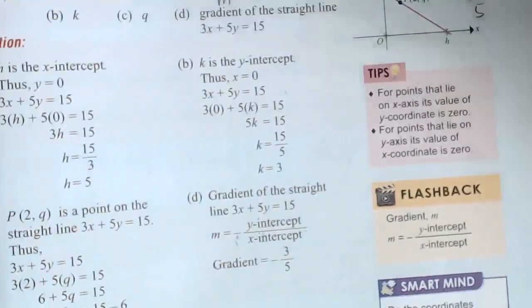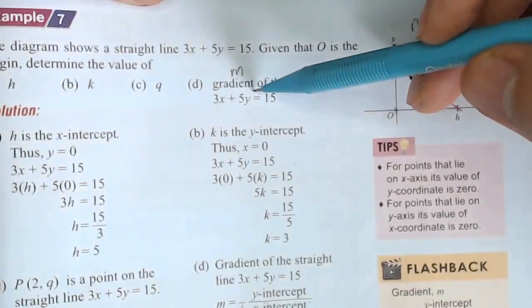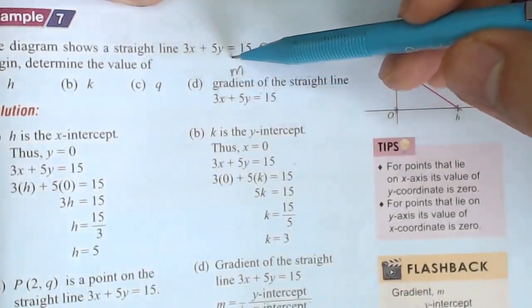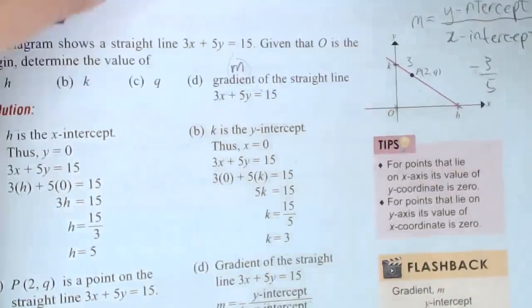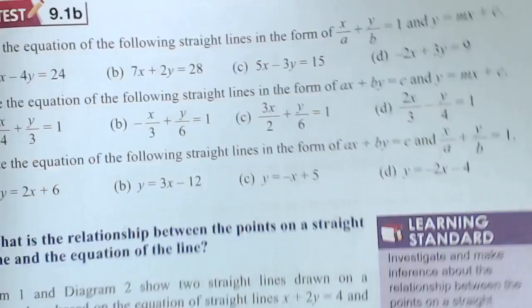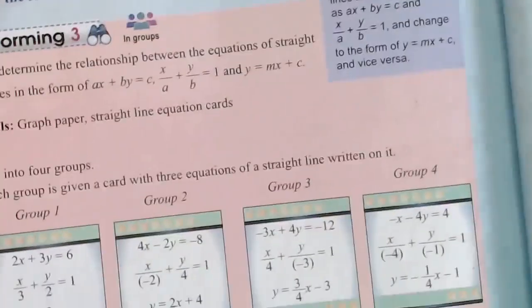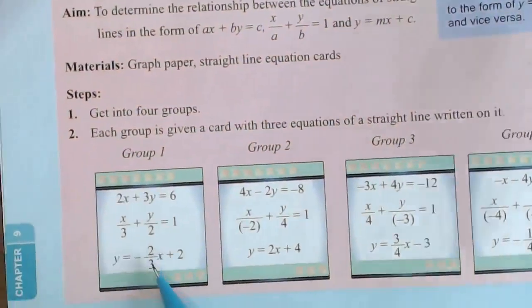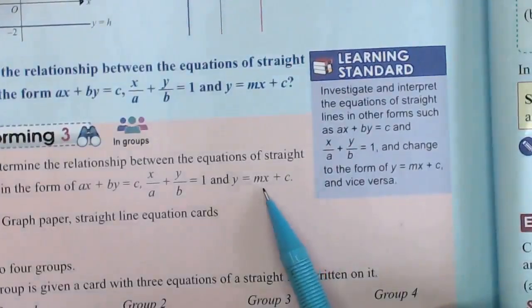Untuk tentukan gradient. Remember, in what form that we can have the value of M directly? In what form? That is in this form. Remember? In this form. Okay.